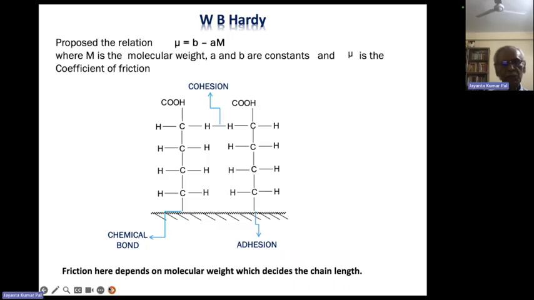So the larger the molecular weight or the larger the chain length, the lower the friction. So this is a very good way of understanding the chemically adsorbed layer, and friction will obviously depend on the molecular weight, which decides the chain length.